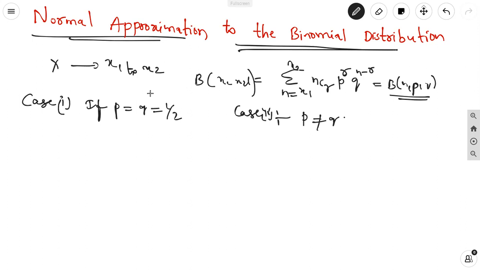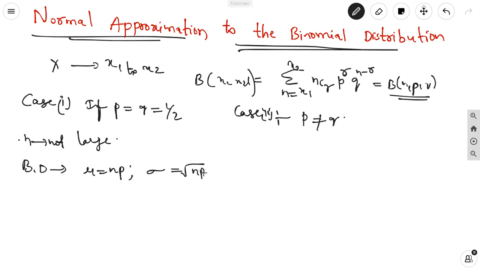Here, even when n is not large, the binomial distribution can be approximated by the normal distribution.